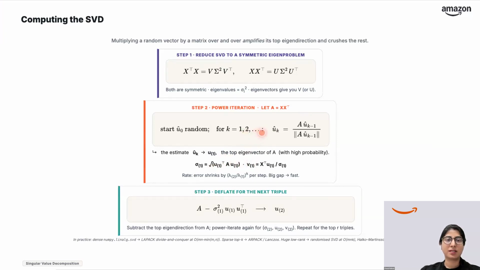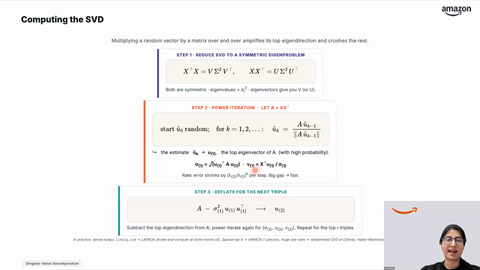For k iterations we compute this eigenvector, and at the end this would be the first eigenvector, which is U1, and then we compute the first eigenvalue, taking the square root because this is sigma i square.